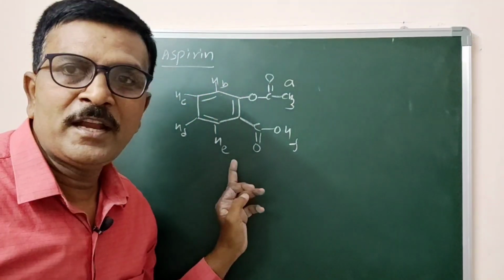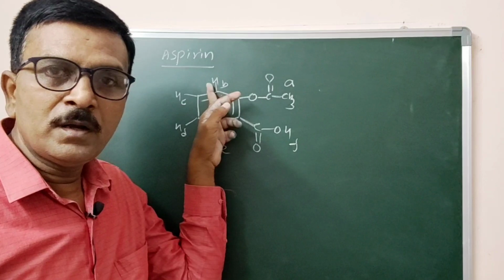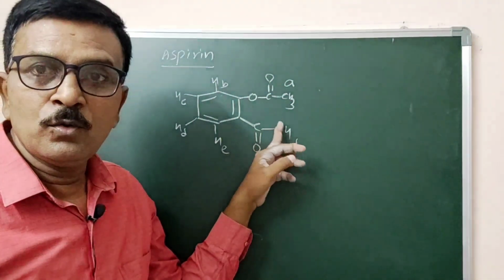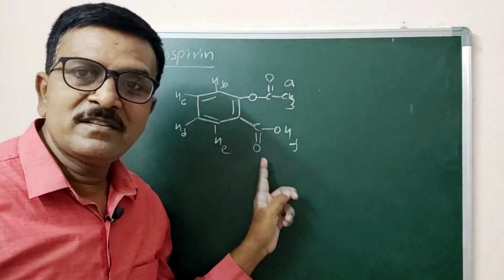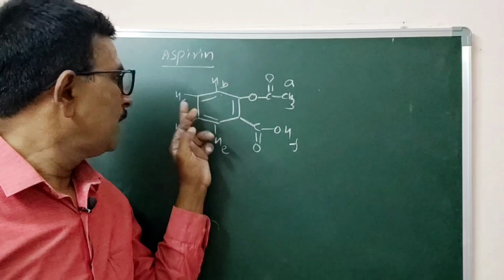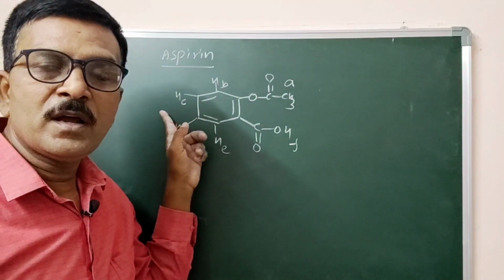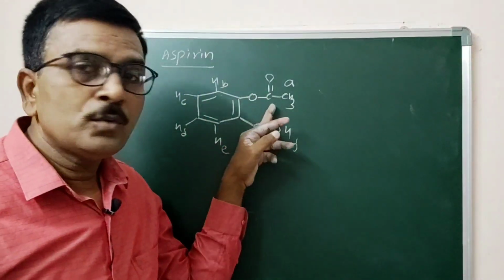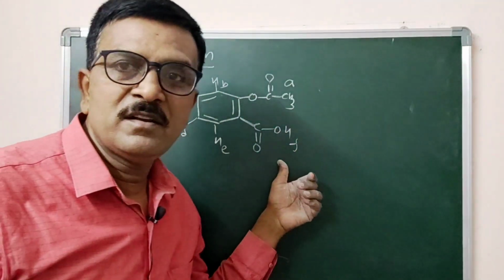Coming to the 4 aromatic protons. This is the proton ortho to the acetate group, whereas this is the proton ortho to the carboxylic acid group. Therefore, these two are non-equivalent. Coming to this proton, that is C proton. C proton is meta to the acetate group. D proton is meta to the carboxylic acid group.